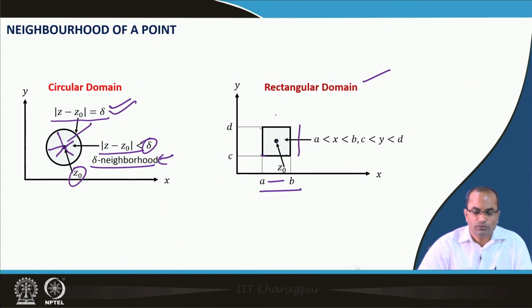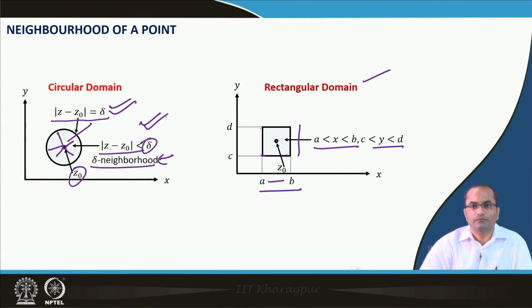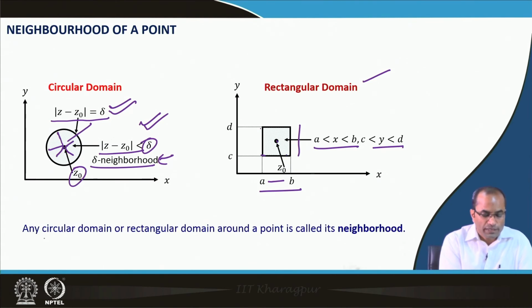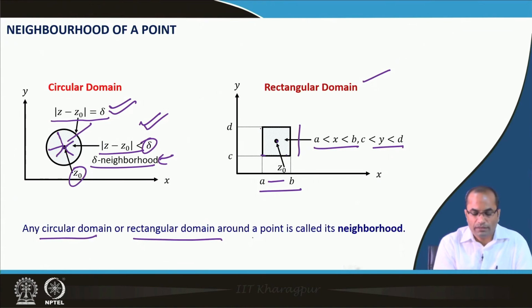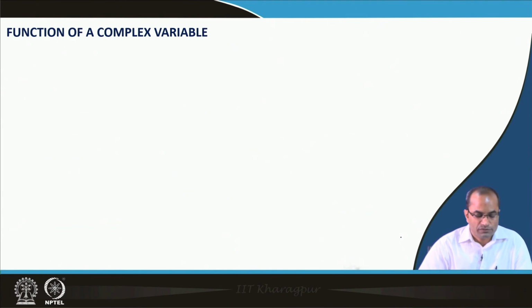That could also be a domain, but the circular domain is more common and will be used frequently whenever we talk about the neighborhood. So any circular or rectangular domain around a point is called its neighborhood. In simple words, that is how we can think of a neighborhood.